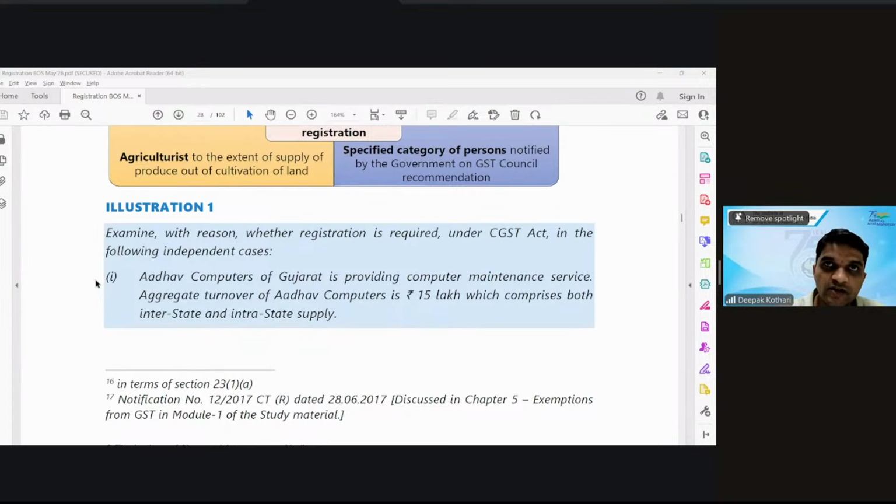One is saying registration not required because it's below 20 lakhs. Another answer is that since it is interstate, don't see that 20 lakhs limit. No, because it is interstate supply of services. Not required as threshold is less than 20 lakhs.